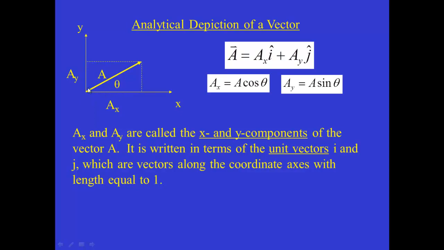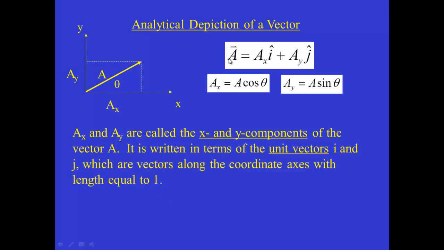In fact, if we had a z-axis, if we had a vector that had a component in the z direction, we would have i hat, j hat, and then we would also have another term with k hat. So i and j, which we usually describe as i hat and j hat, represent these vectors along the coordinate directions that have length equal to 1.